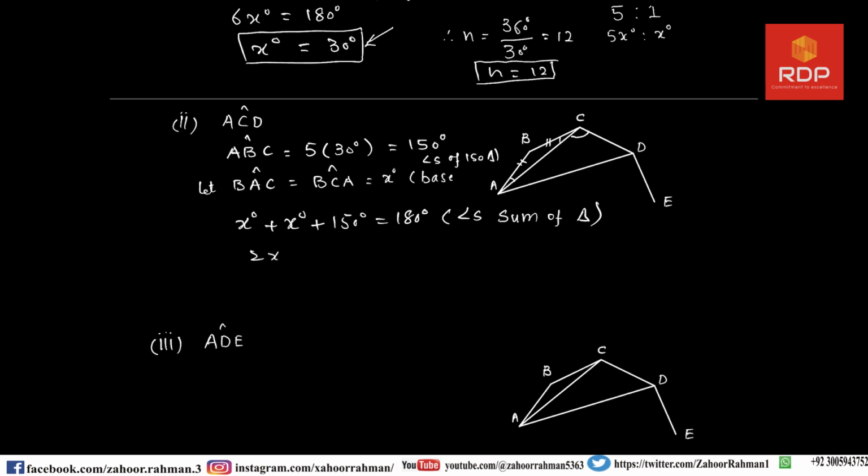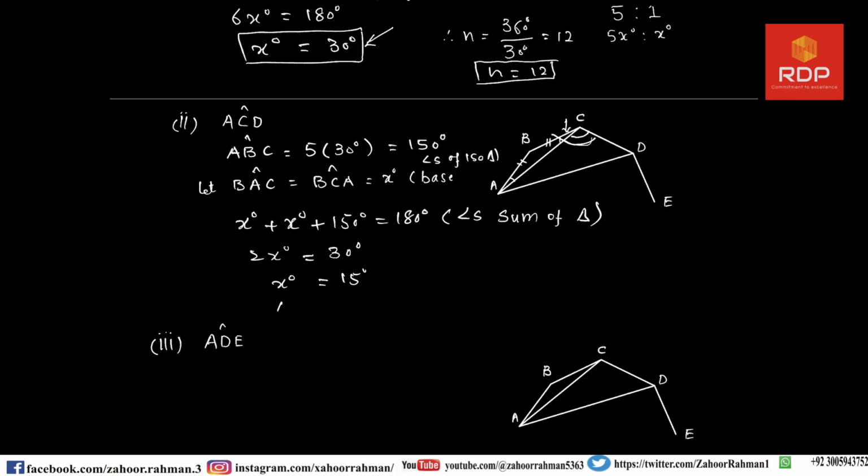So 2x degree is equal to 30 degree. So x degree is equal to 15 degree. It means that we found this to be the 15 BAC, and we know what is the value of this angle. We will subtract that 15 from it.